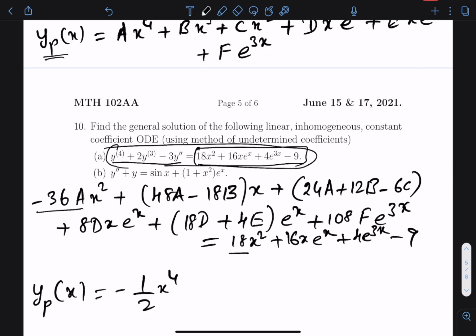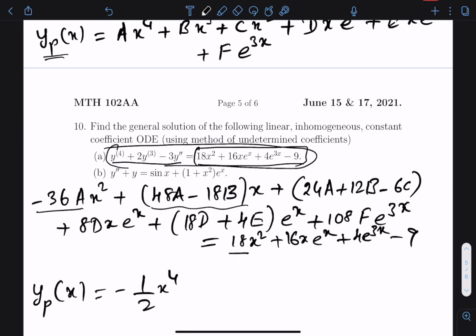And then once you have a, you see this is 0 because there is no x term here. So this is 0, which means b is 48 by 18 times a, which is minus 24 by 18, which will give you minus 4 by 3.